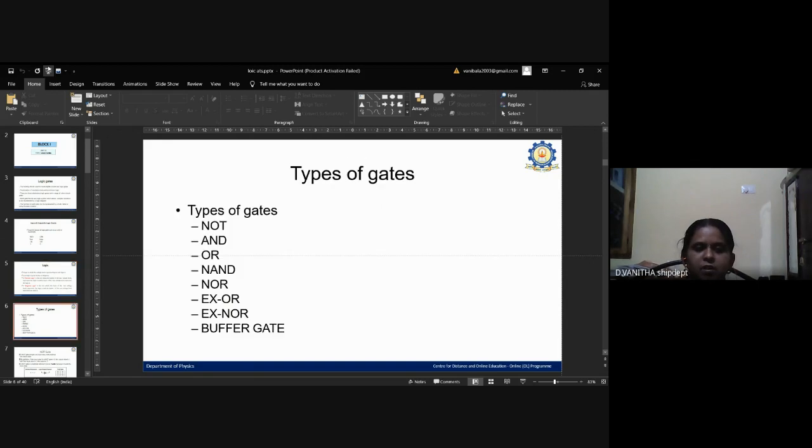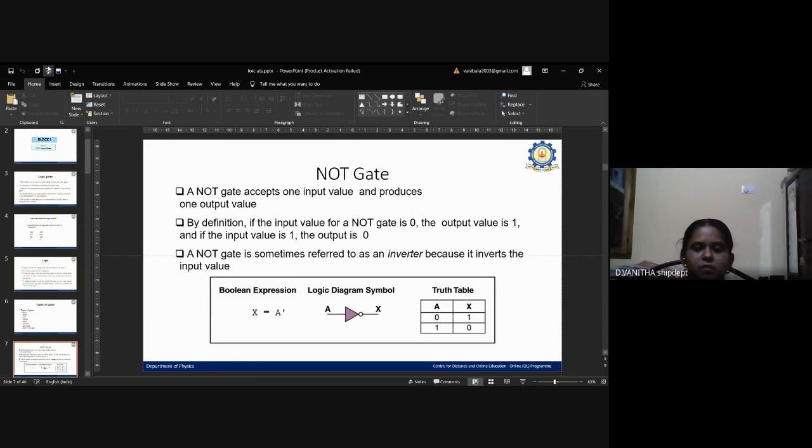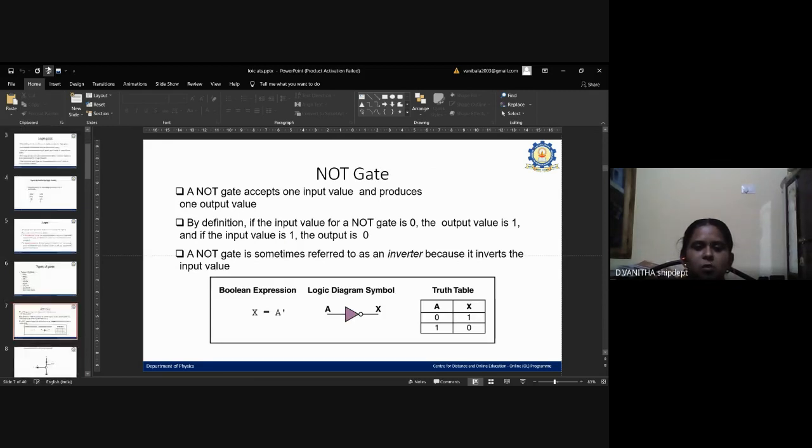Then the gates are classified into different types: NOT gate, AND gate, OR gate, NAND gate, NOR gate, XOR gate, XNOR gate, and buffer gate. First of all, we are going to see the NOT gate.